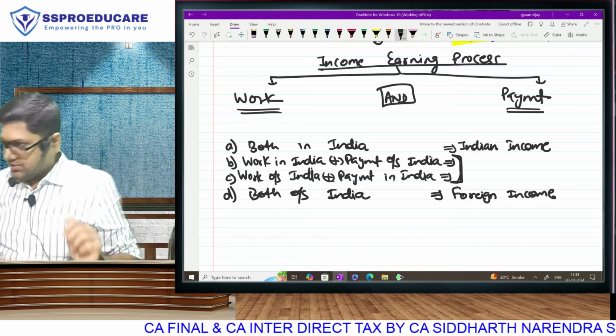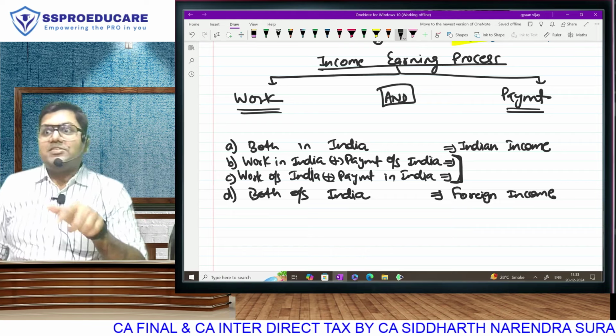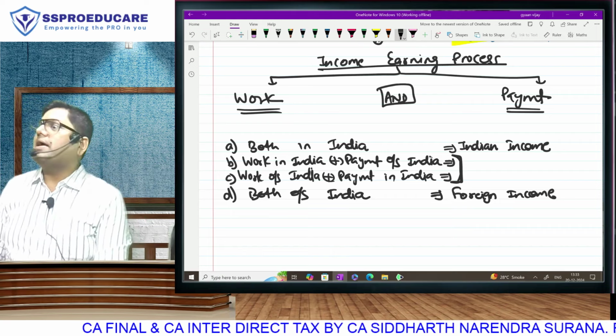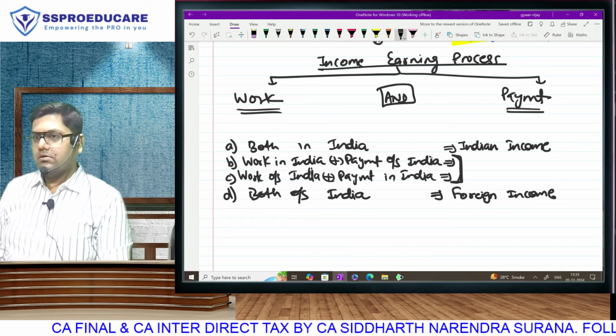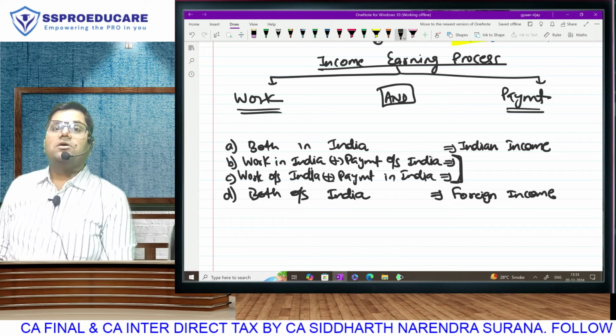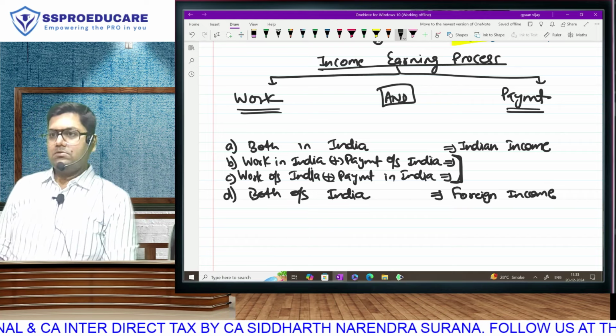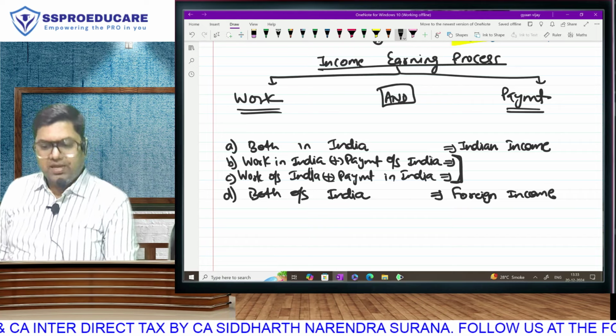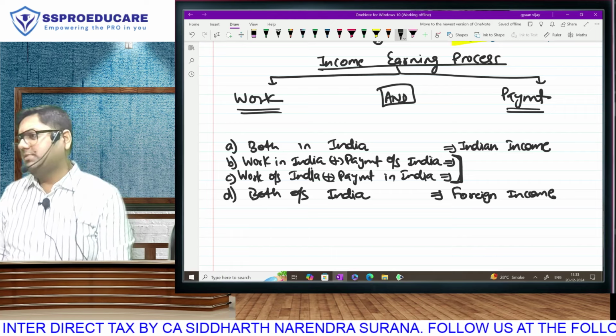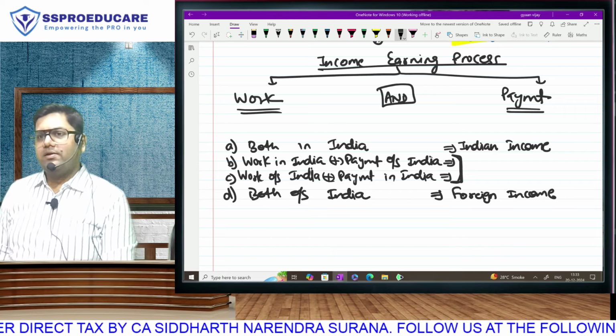Now please understand what is the impact. If the income is Indian income, then it will be taxable for everyone. But if the income is foreign income, then it will be taxable only for residents. So we have to decide whether this income is Indian income or foreign income.